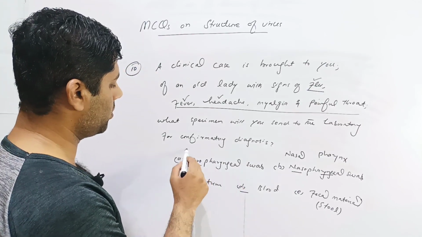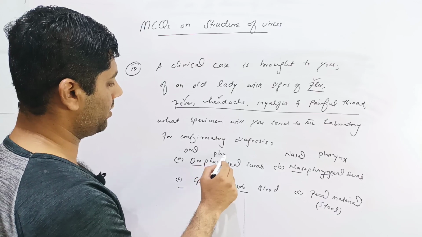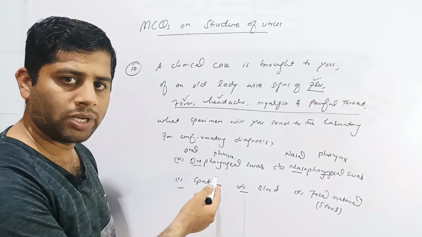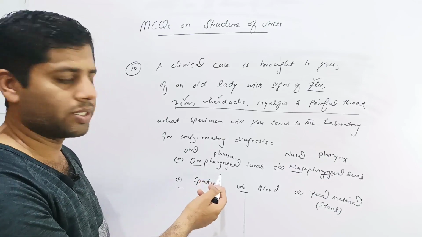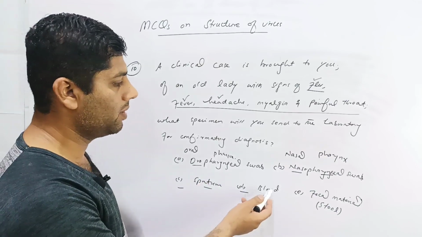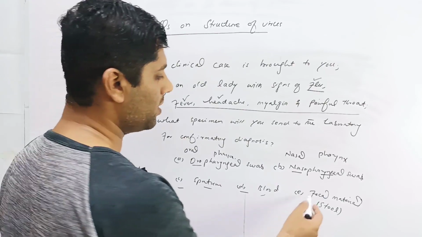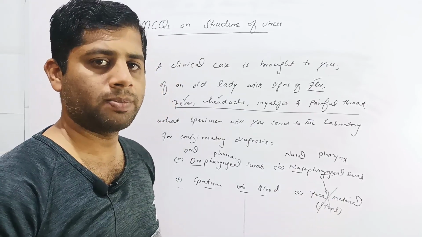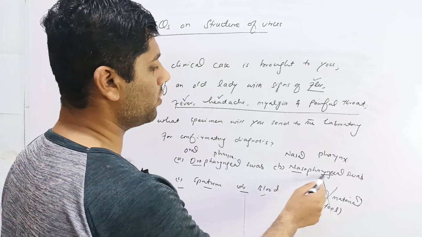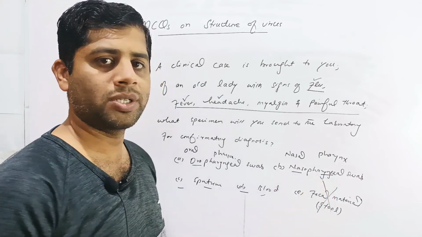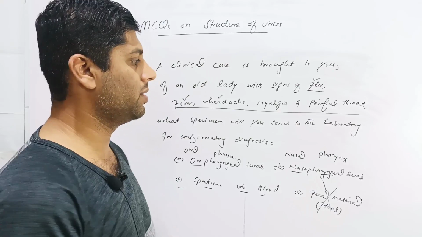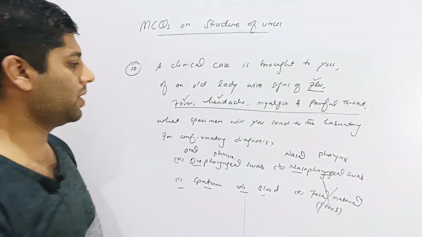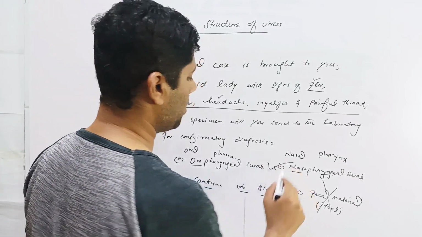Oro means oral and pharynx. The oropharyngeal swab will also have influenza viruses in it. Sputum and blood will also contain. Fecal material does not have this virus, but the most preferable specimen here is the nasopharyngeal swab because it will have a high concentration of influenza virus and the disease diagnosis will be very easy and clear. So the correct option here is nasopharyngeal swab.